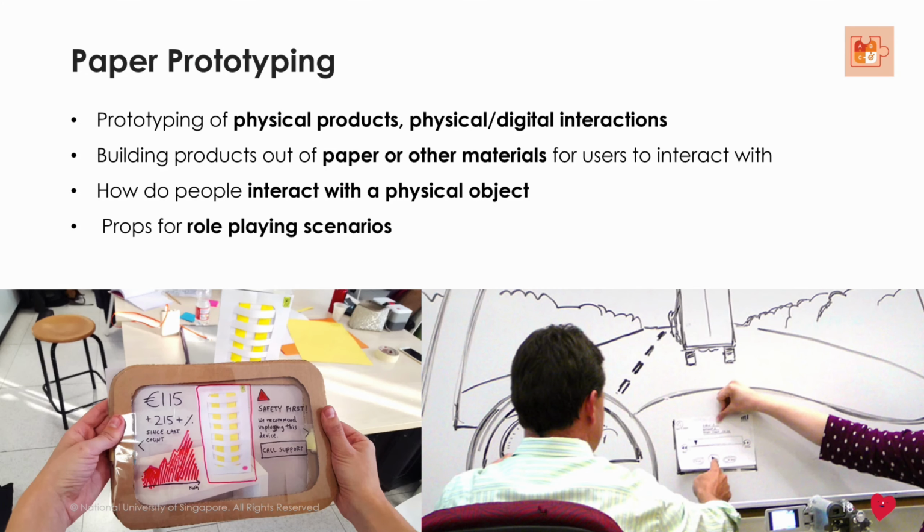Okay, so many services have physical and digital touch points. One technique that you could do is to prototype these experiences using paper. We can then reenact the entire service scenario using these paper props or observe our users as they go through these paper prototypes to see how do they interact, right, with these elements. For the example below, I was prototyping something for a utilities company.